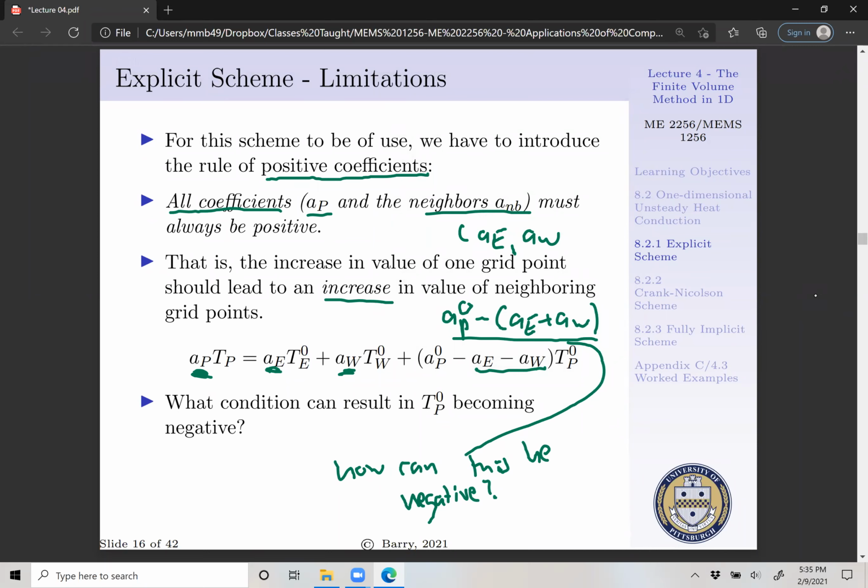Well, quite simply, A east plus A west would be greater than AP naught. If that's the case, this coefficient is negative. That's not good. We have a negative contribution from our previous time step. I don't like that. You shouldn't either.